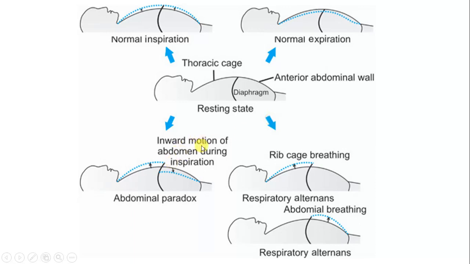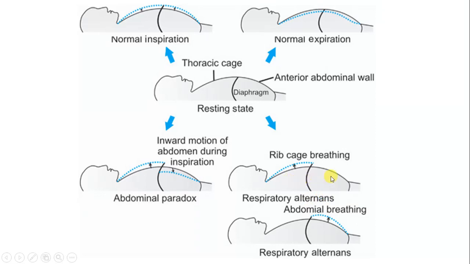But in the abdominal paradox, what is occurring is that during inspiration, although the diaphragm should move down and cause the expansion of the abdomen or the protrusion of the abdominal wall, it is moving inside. This is called abdominal paradox. That is reverse movement of the abdomen as compared to inspiration and expiration.